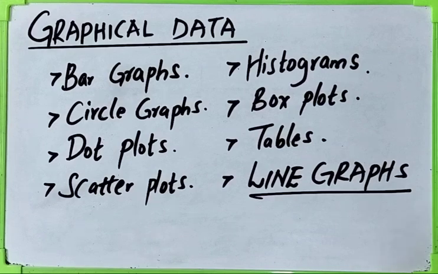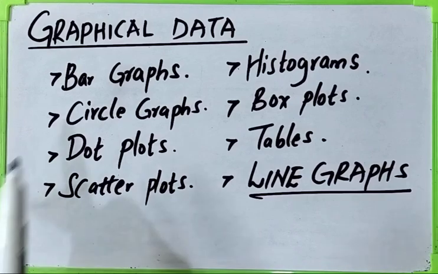In today's video, I would want us to talk about something in statistics, and this is about graphical data. You expect that in graphical data, we have quite a number of areas that you need to acquaint yourselves with.